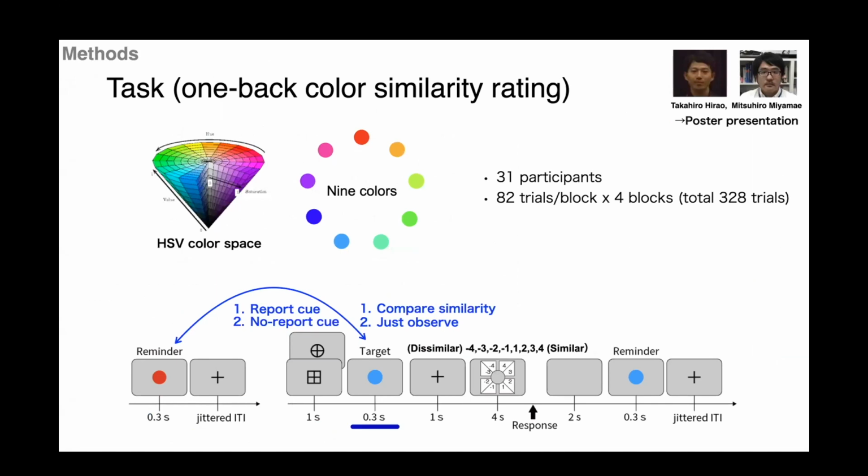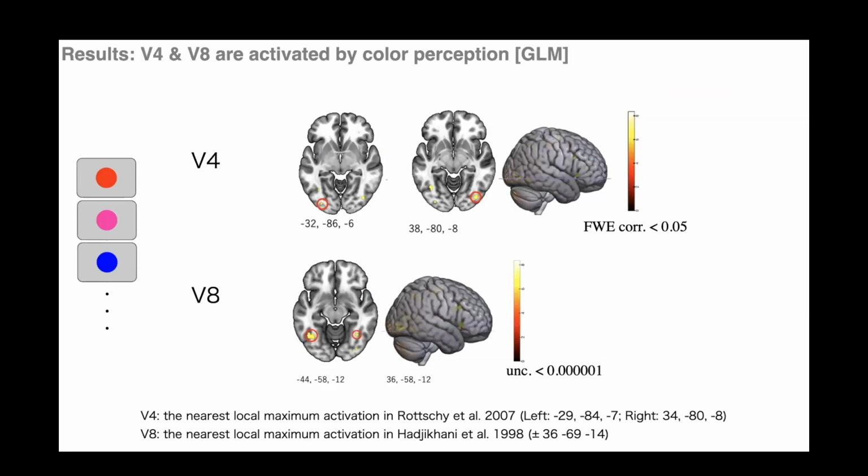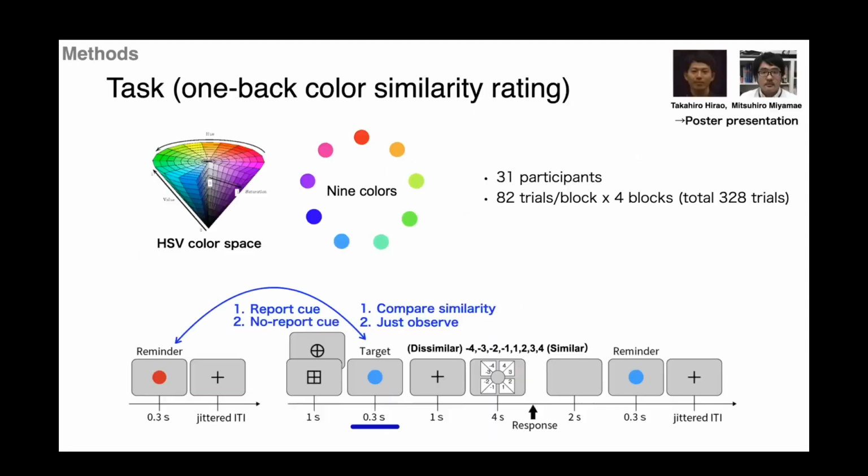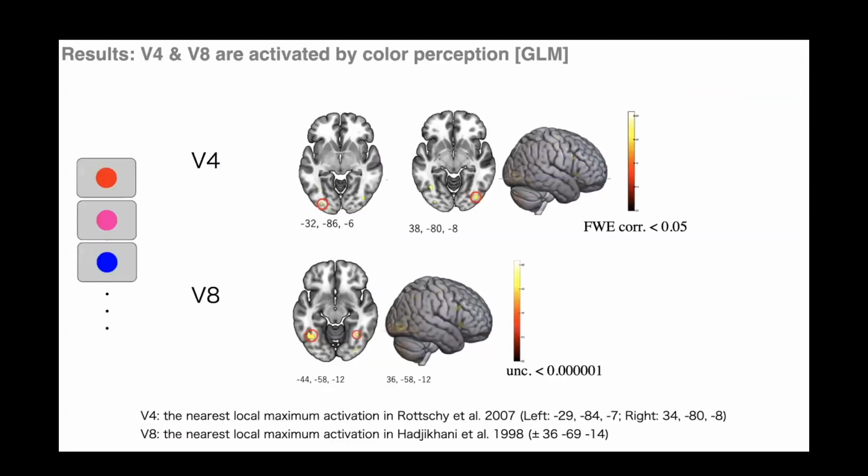And we do MRI, so I'm now going to show the results obtained from fMRI. We first looked at whether the color-related brain regions are activated or not. And here, we see the activations of V4 and V8, which are known as color perception regions. But we are targeting only this bold signal here.